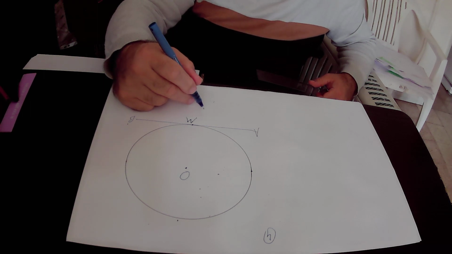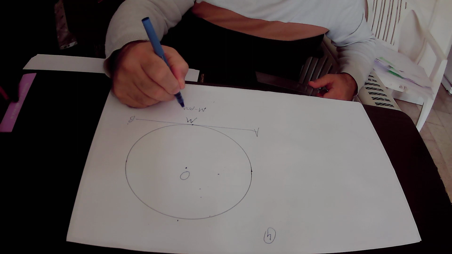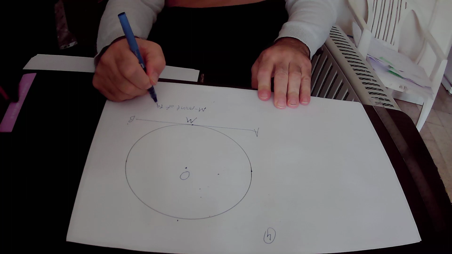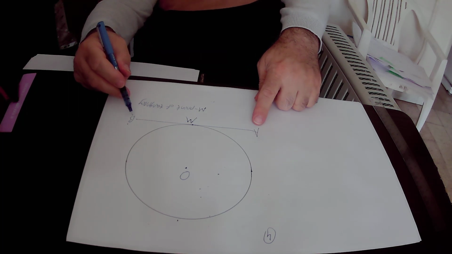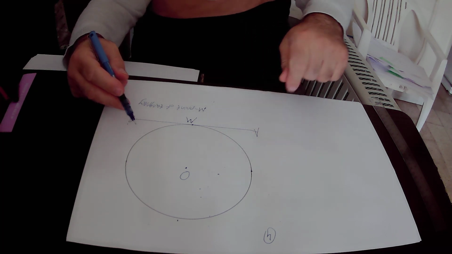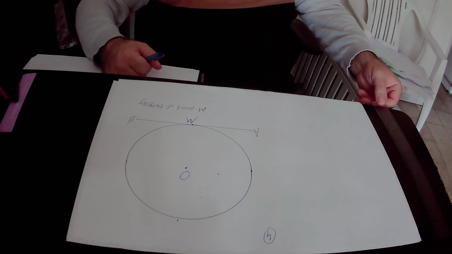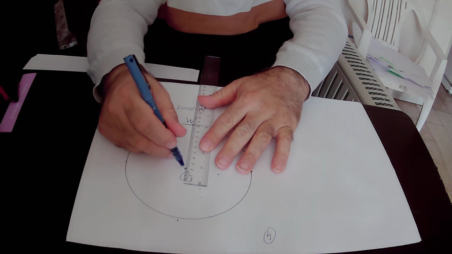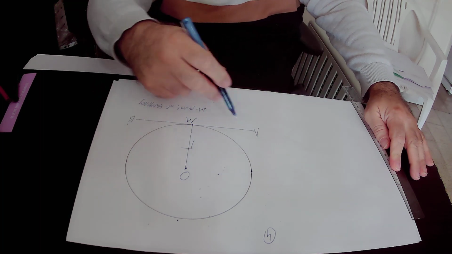Point M is the point of tangency of tangent AB with this black circle, and we also have a radius from the center of the circle, point O, to point M. OM is the radius of this black circle.